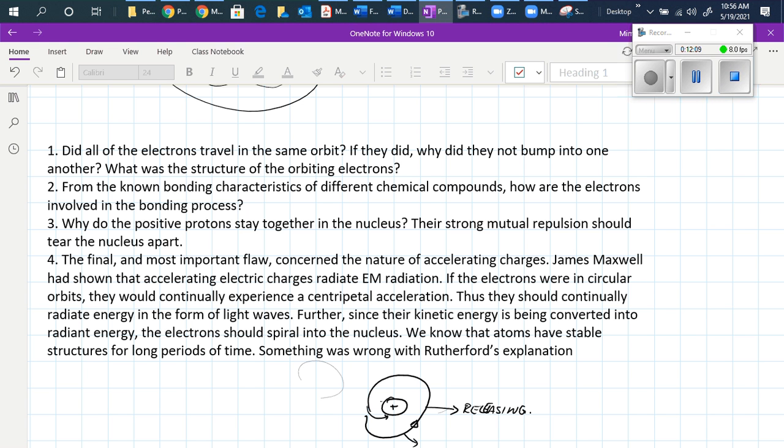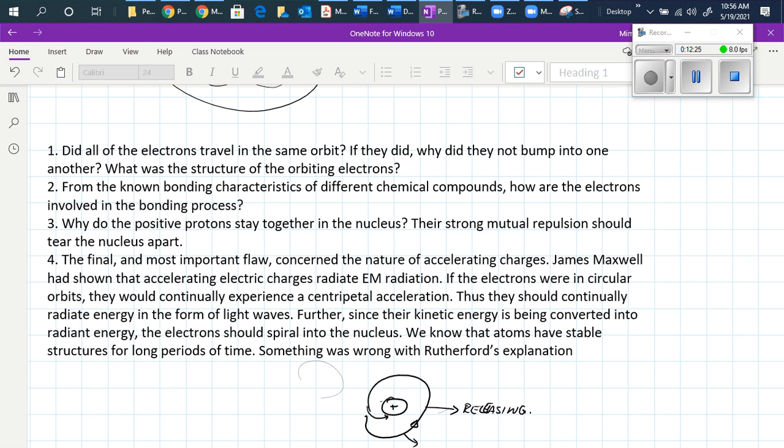But we know that the atom is one of the most stable structures of matter.